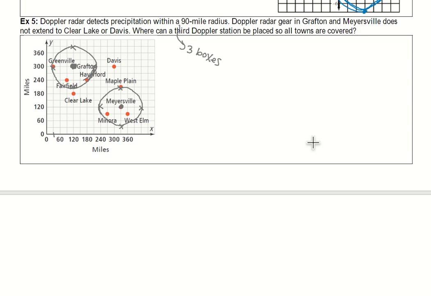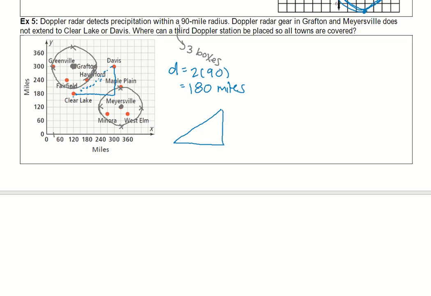So what I can think about is that if the Doppler radar covers a 90-mile radius, it would cover a diameter of 2 times 90. So it would need to cover 180 miles. And so if I think about this, I can determine how far apart Davis and Clear Lake are if I identify the right triangle that creates them.